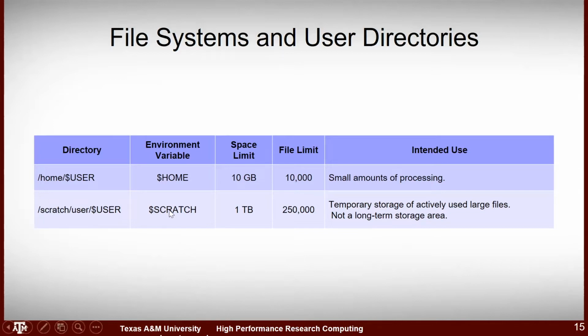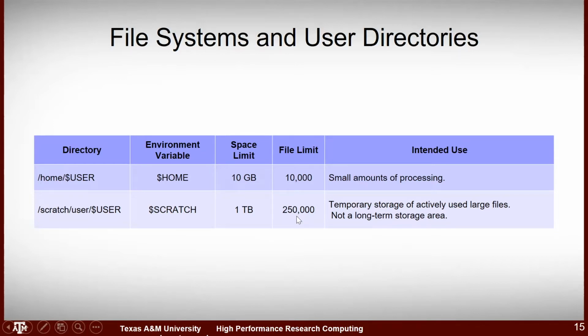Then we have the scratch directory, which works the same way. The scratch variable is short for your location on disk that's for you, /scratch/user/your NetID. That one has a much larger limit of 1 terabyte and 250,000 files.